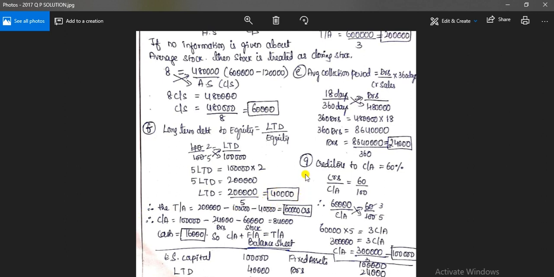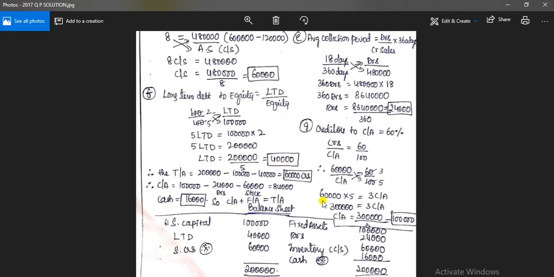Now the next concept is creditors. Creditors to current assets is 60%. That is creditors divided by current assets, 60 divided by 100. What items are given in the balance sheet?